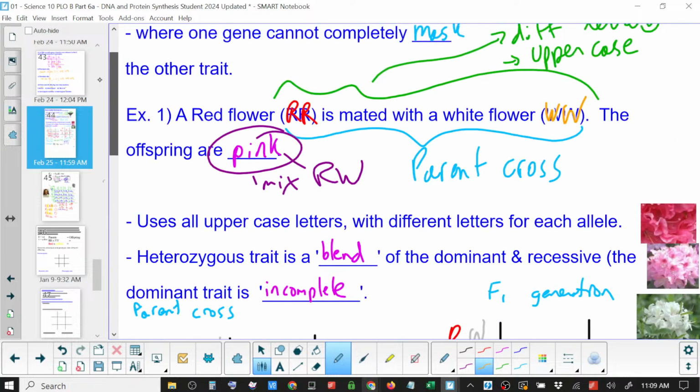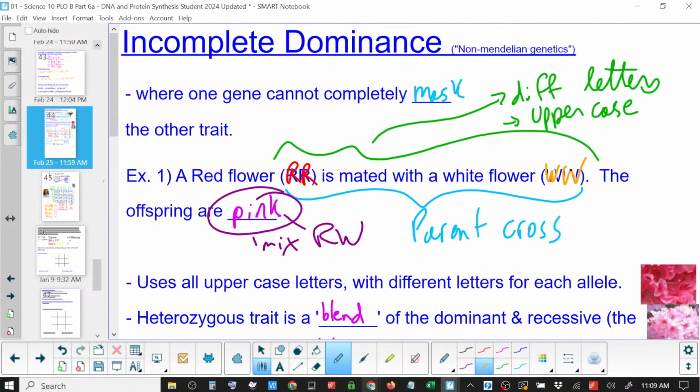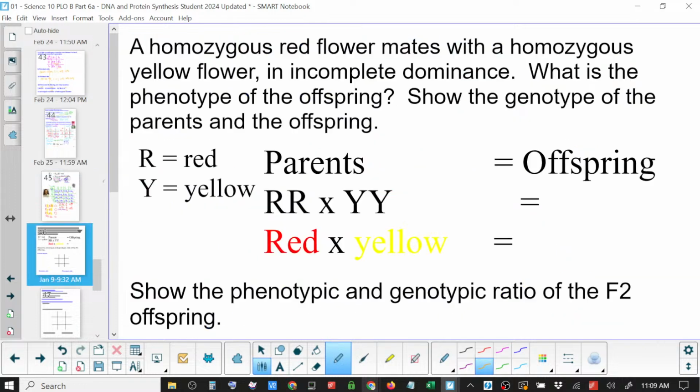This is known as incomplete dominance. The next one we're going to do: a homozygous red flower mates with a homozygous yellow flower in incomplete dominance. What is the phenotype of the offspring? So the genotype of the parents and the offspring. This is the parent cross.